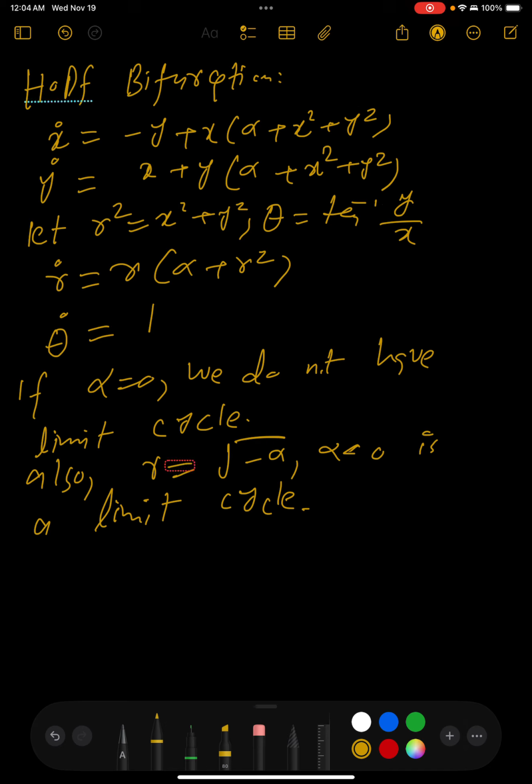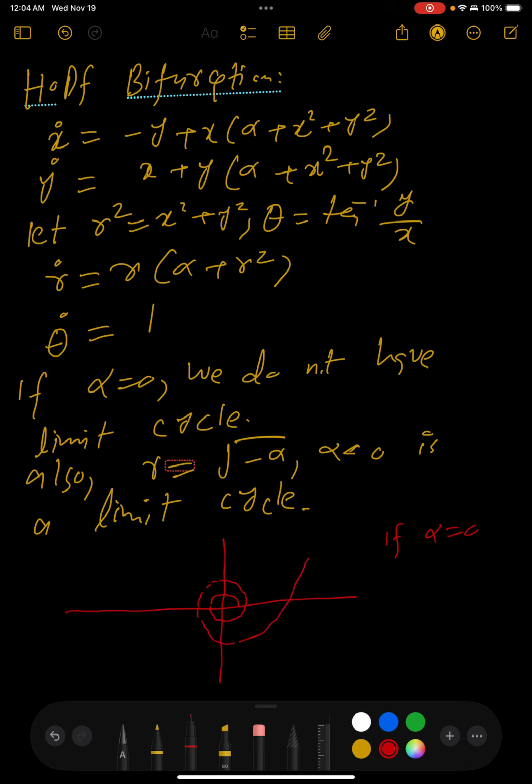Okay, so if alpha is actually 0, we can see that r equal to 0 is unstable. This means that if we start really close to 0, we will move away from 0.